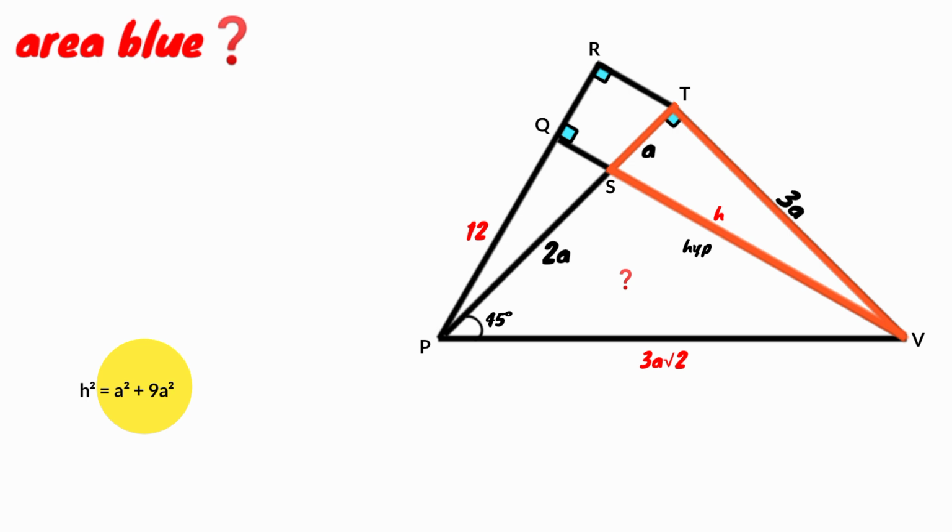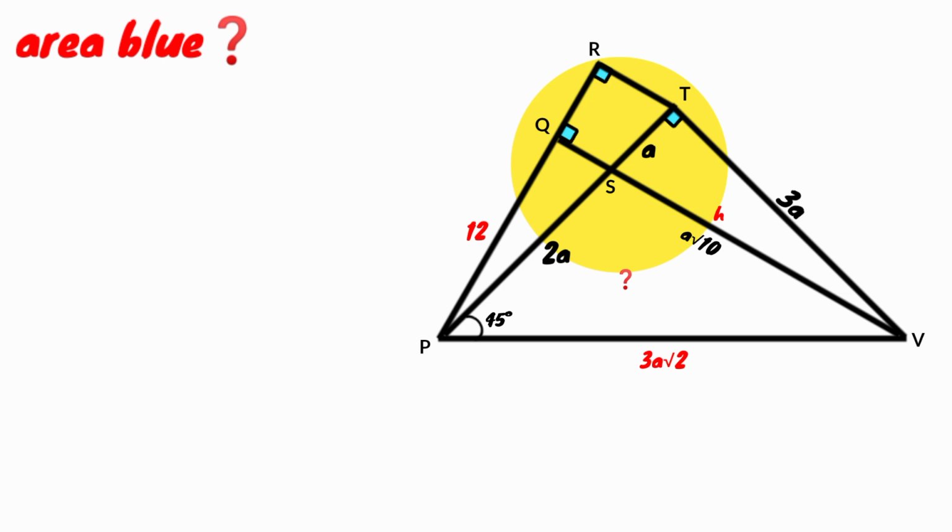A squared plus 9a squared is 10a squared. Take the square root of both sides of the equation. Here square root of h squared is h, while here square root of 10a squared is a root 10. So h equal to a root 10. That is, the length of this side is a root 10.